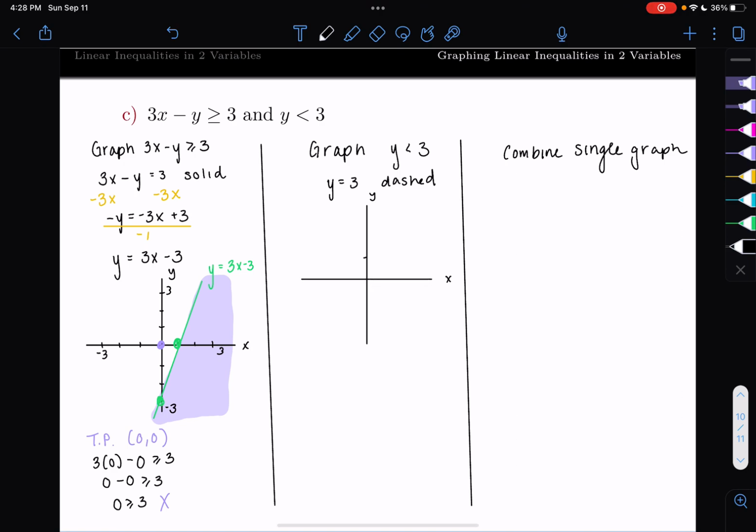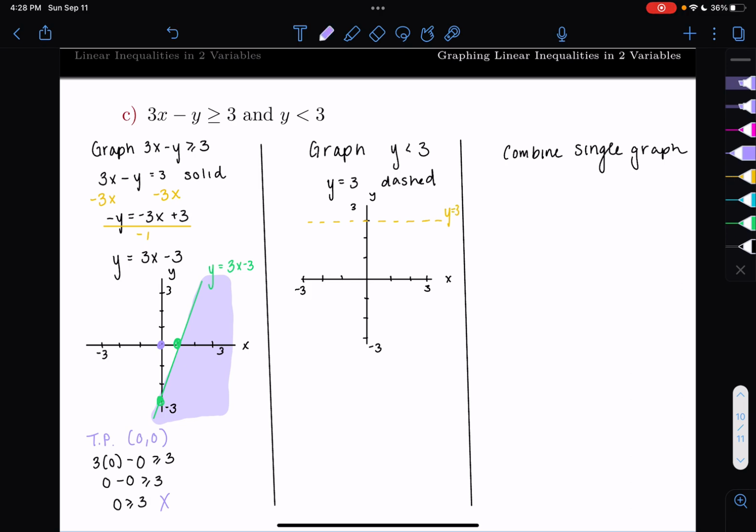So we got to go up 3. And we'll just keep consistent, do pretty much exactly the same thing as our last graph. So that is a horizontal line all the way up here at 3.